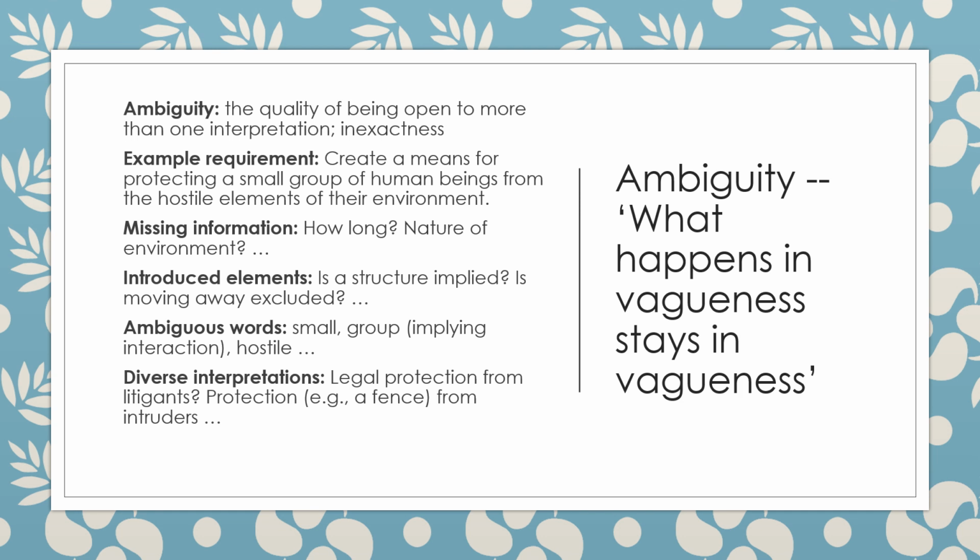Okay, there's lots of things wrong with that as a requirement statement. It brings to mind, at least to me and to many, some kind of structure and permanence, but maybe it's just a short time to protect, and what's the nature of the environment involved. So there's always maybe some missing information, a context.